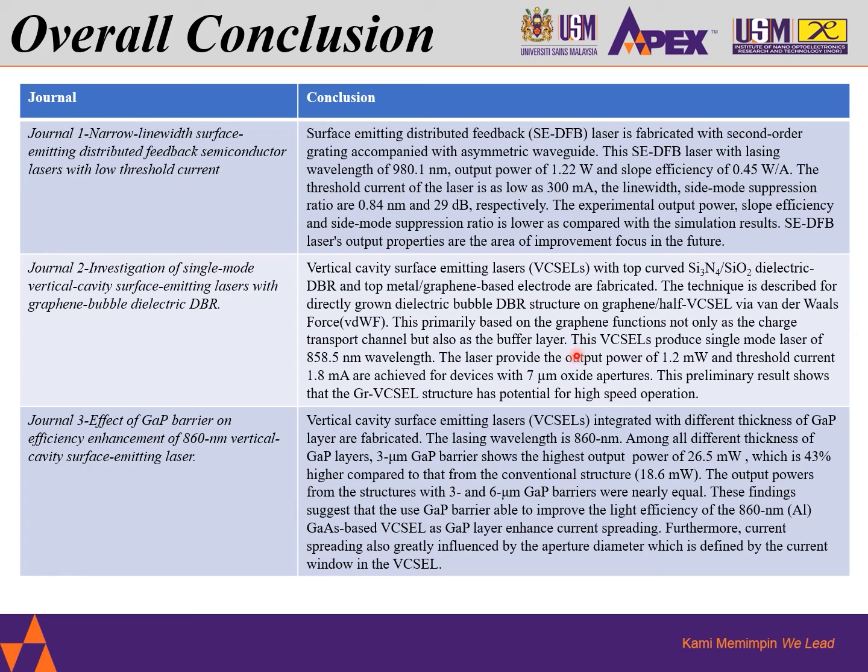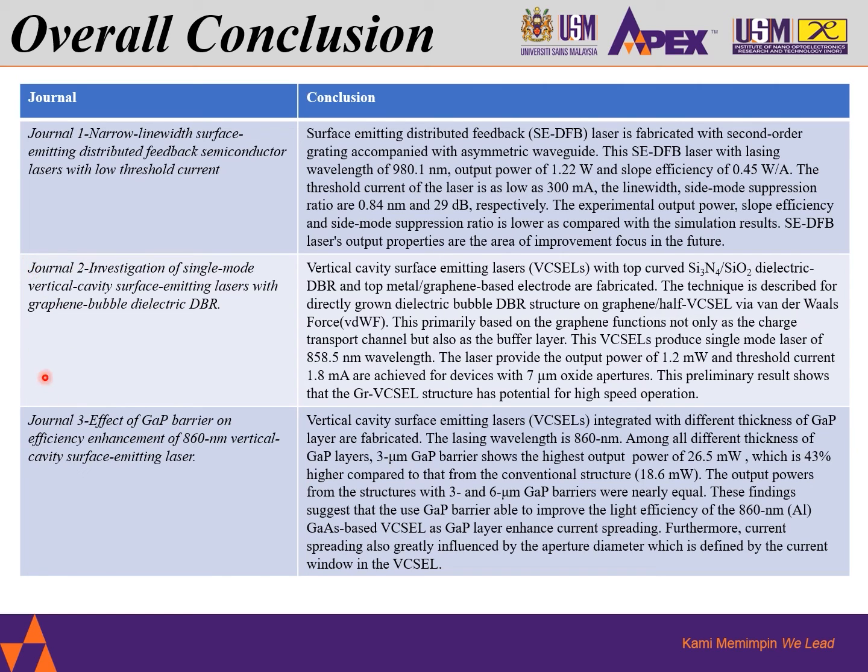These BCSELs produce single mode lasers of 858.5 nanometer wavelength, and also provide output power of 1.2 milliwatt. Threshold current of 1.8 milliampere is achieved for this device with the 7 micron offset aperture. This preliminary result shows the graphene BCSEL structure has the potential for high-speed operation.